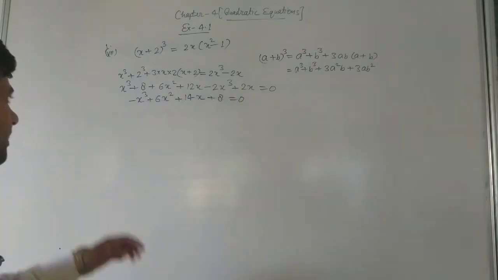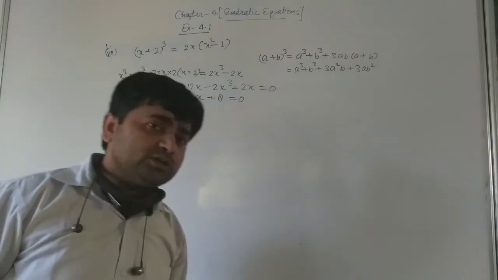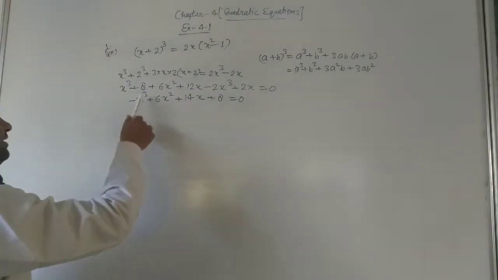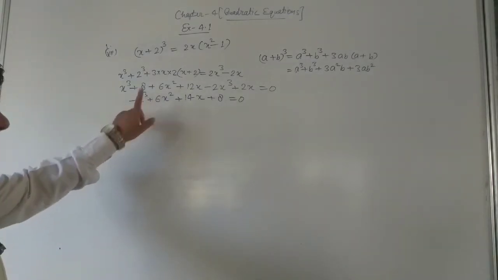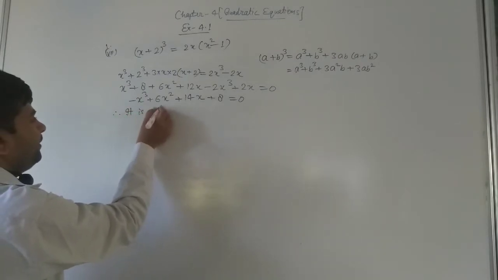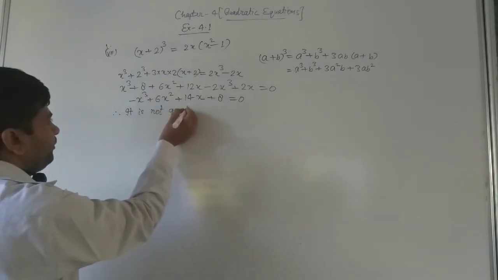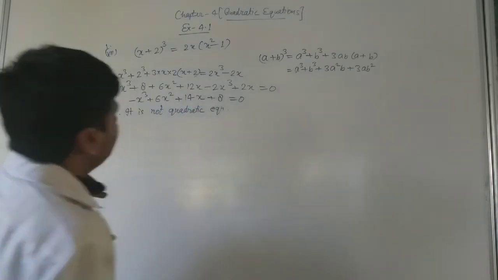We can also take minus common, so it will be x cube minus 6x square minus 14x minus 8 equals 0, but it is not needed. We only see that this is a cubic equation, not quadratic, because the degree is 3. Therefore it is not a quadratic equation. Clear? Now remaining parts do yourself.